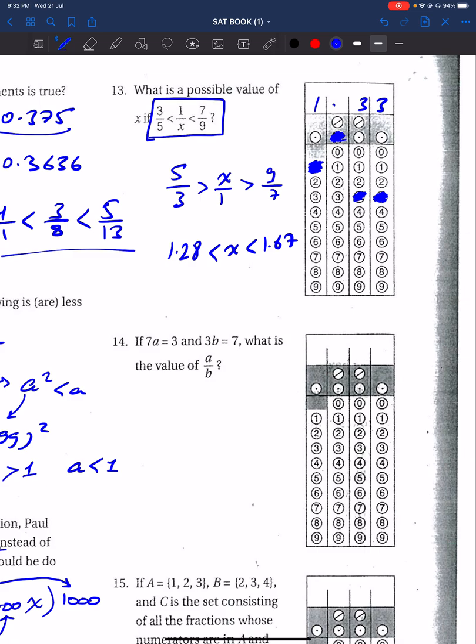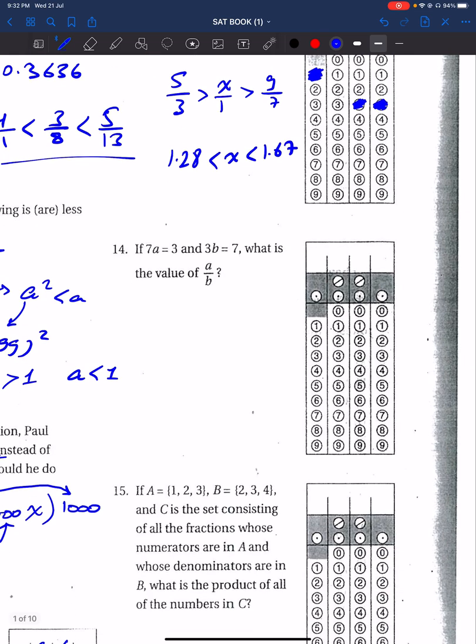Okay, number 14. If 7a equals 3 and 3b equals 7, what is the value of a over b? So what we can do is write a equals 3 over 7 and b equals 7 over 3. We're trying to calculate a over b, which is 3 over 7 all over 7 over 3.